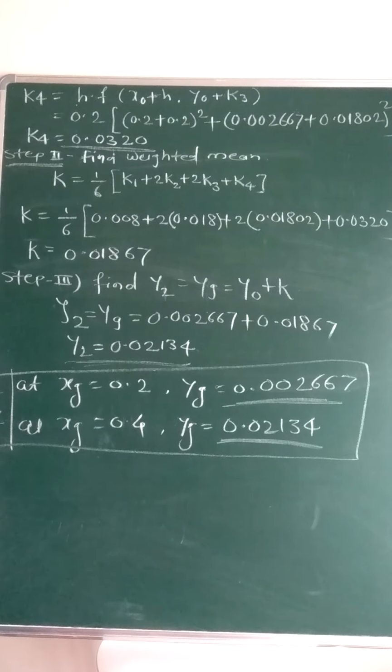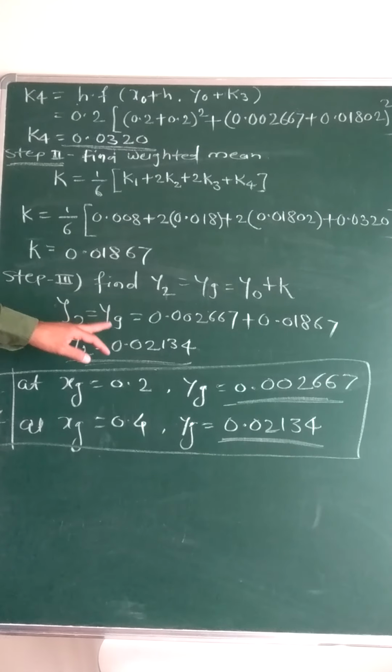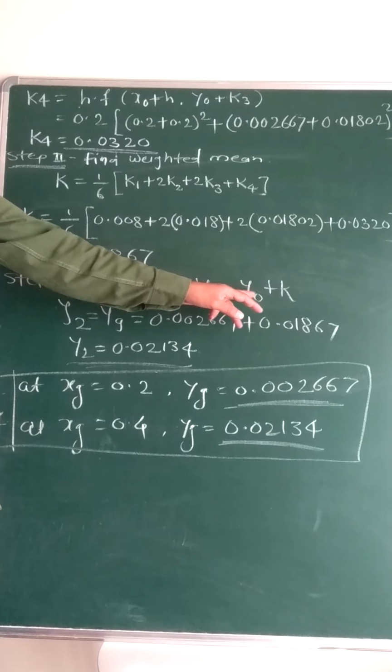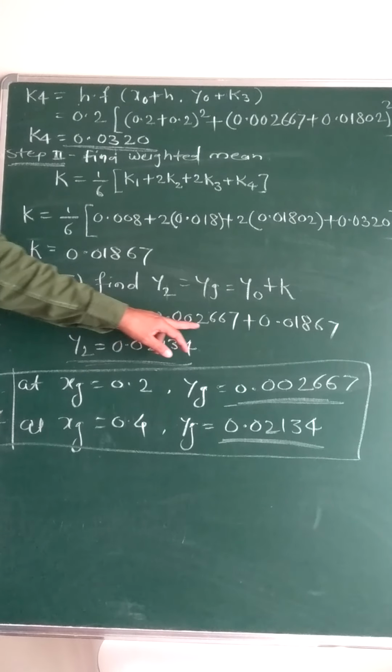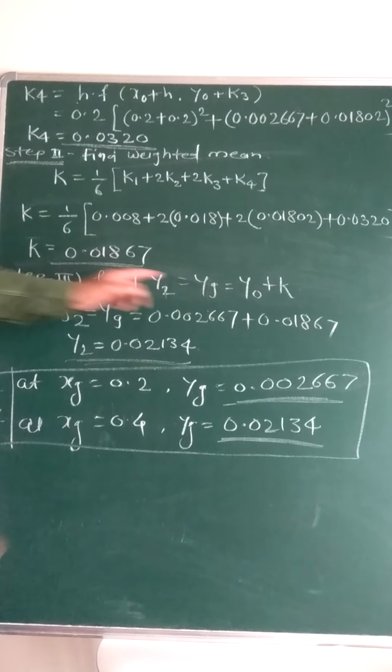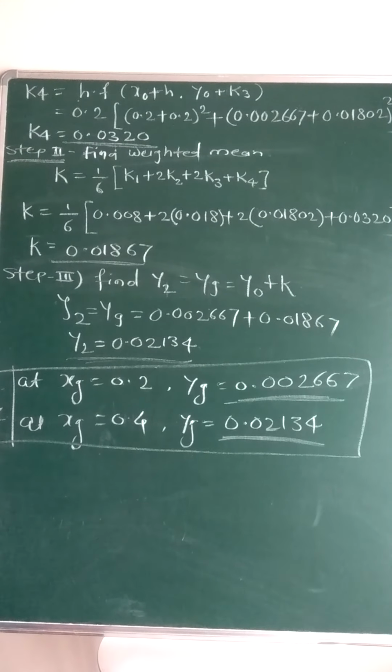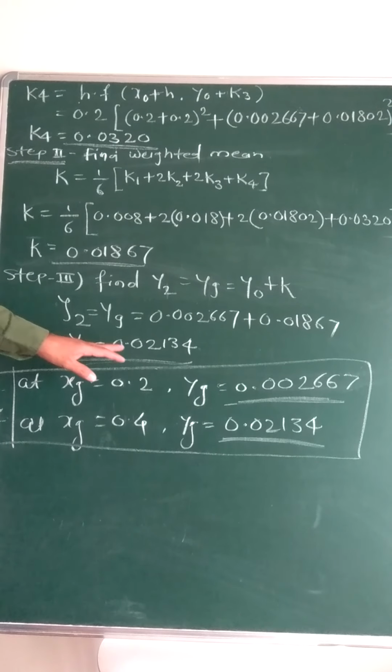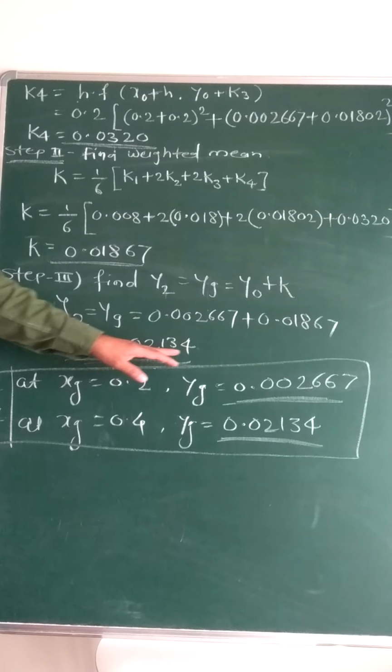Now the final step, that is find the value of y2, that is yg, for iteration number 2 using the formula y0 plus k. Therefore y2 is equal to yg is equal to, for the second iteration, y0 is equal to 0.002667 plus k is 0.01867. Therefore y2 is equal to 0.02134.